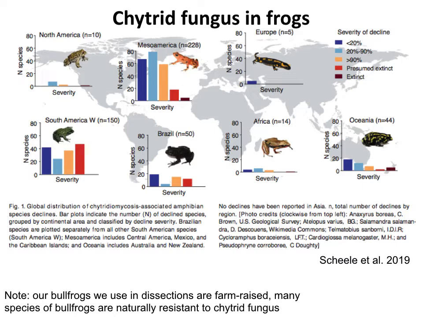For frogs, though, they don't have that extra layer of dead keratinized cells, right? And their skin is not only protective, but it also plays a function in gas exchange. Okay, so they have to keep it moist, which unfortunately is a really good environment for this fungus to live in.